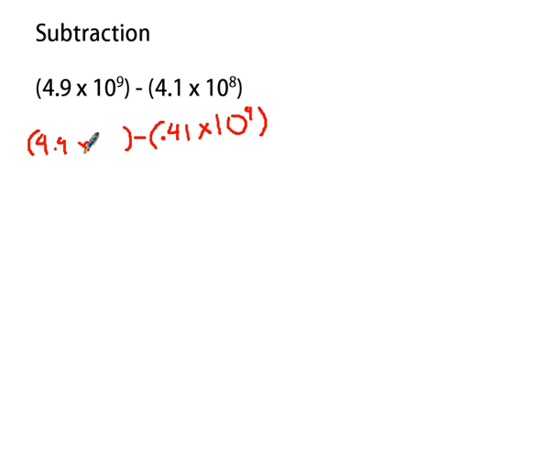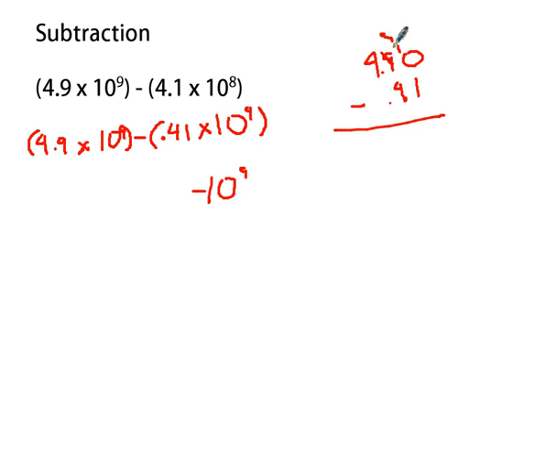4.9 times 10 to the 9th minus 0.41 times 10 to the 9th. I can subtract these without any difficulty because they're both 10 to the 9th. My answer is going to be times 10 to the 9th. Now come over here. 4.9 minus 0.41. Put a 0 there.